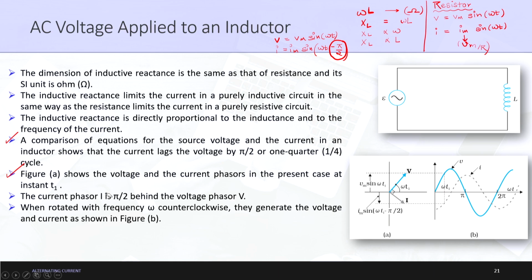If the current is lagging and the movement in which you are making the circle is in this form, that means the current will make that circle after the voltage. If you see logic-wise, the voltage is here. What will voltage do at some time t equal to t2? It will go here, then here, then here, and so on.